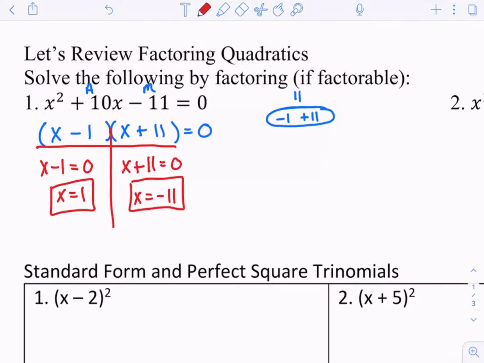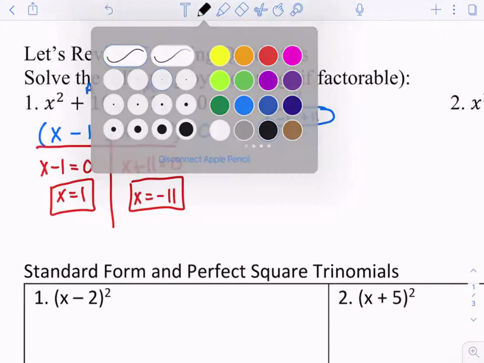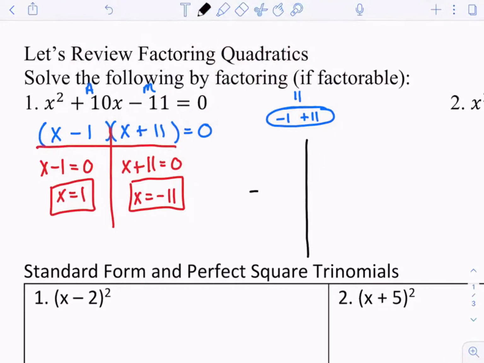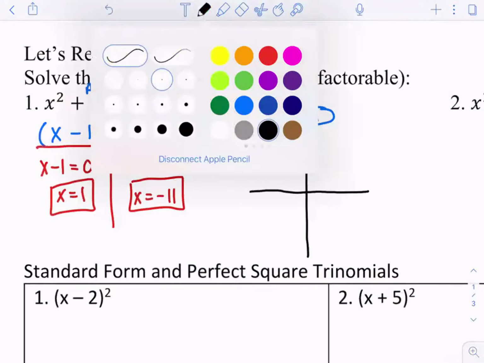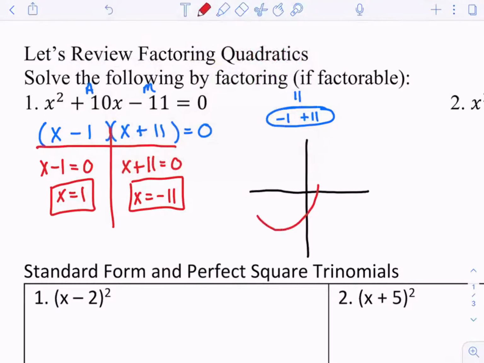Now remember, this is where it's equal to 0, where our y is equal to 0. So if I were to think about where that happens on the graph, it looks something like this. And how do I know it looks something like this?